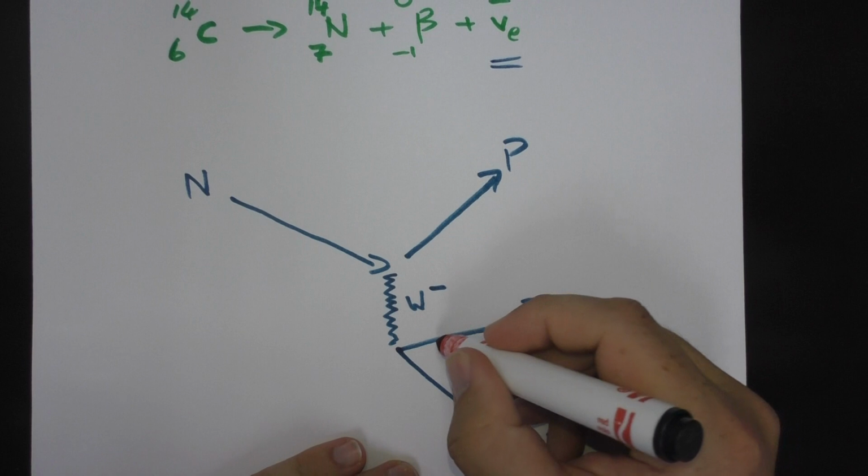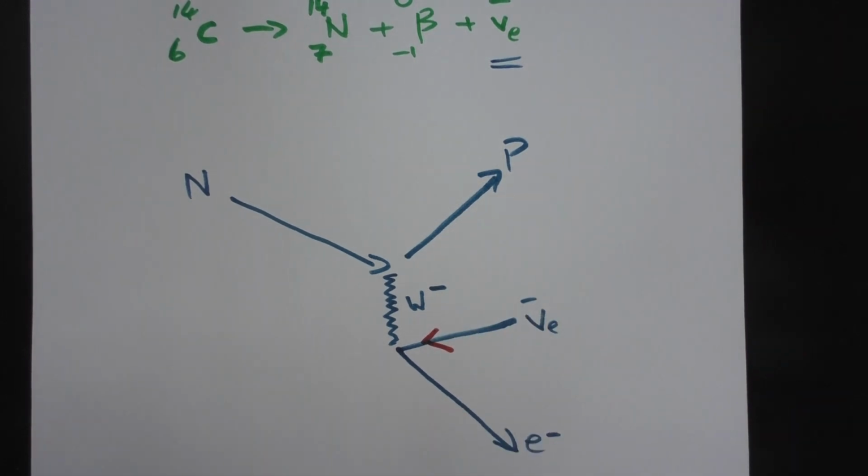Antiparticles go backwards in time. Yes, I did just say that. Antiparticles go backwards in time. So the arrow should always be facing towards the exchange particle in this instance, whereas the normal particle, I say normal, but the electron, the non-antiparticle, is going to be coming off forward in time.